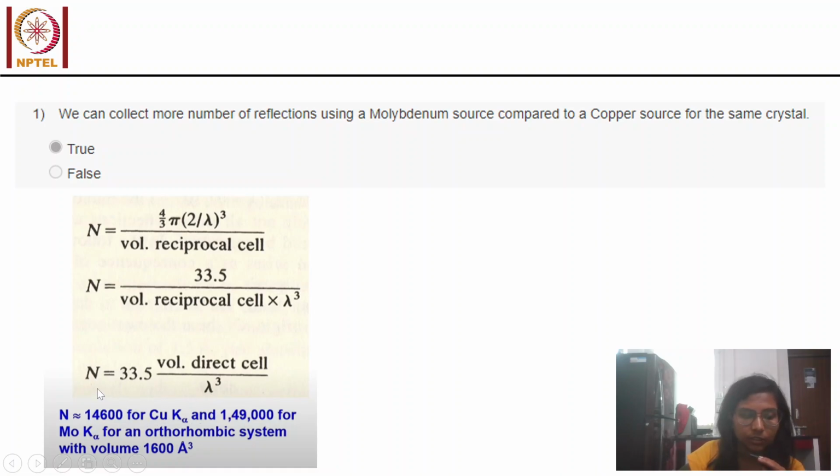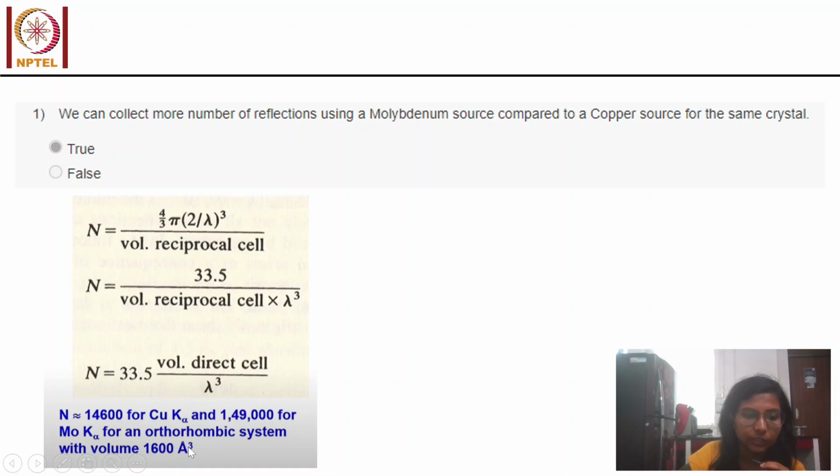As you can see here, the number of reflections has become inversely proportional to the wavelength of the X-ray radiation used. So if we use copper K alpha radiation and molybdenum K alpha radiation, for an orthorhombic system with the same volume, 1600 angstrom cube, copper K alpha gives about 14,600 reflections.